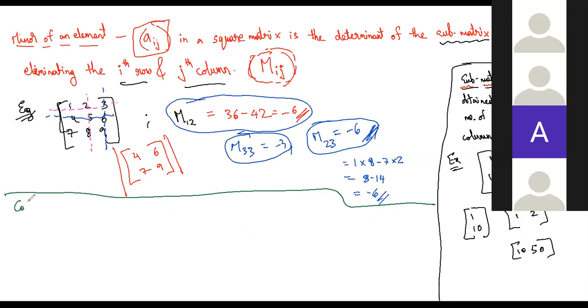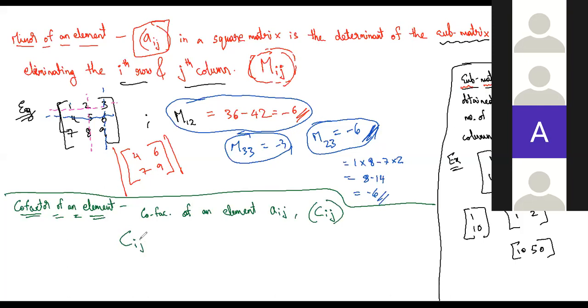Cofactor of an element Aij. Symbol is Cij, where Cij is equal to -1 to the power I plus j into Mij.